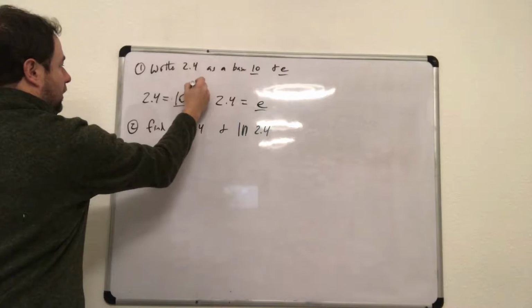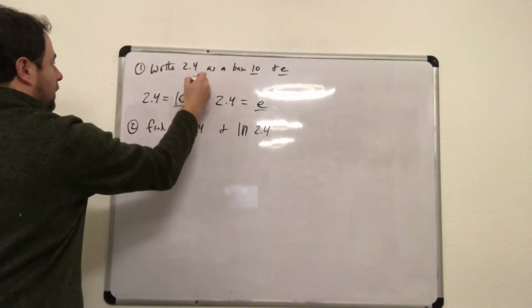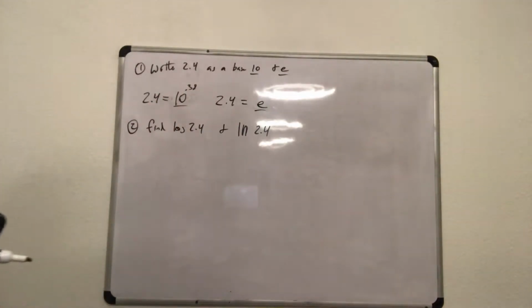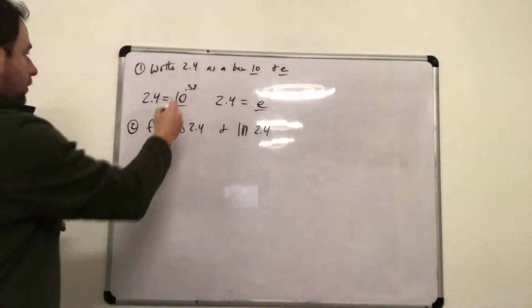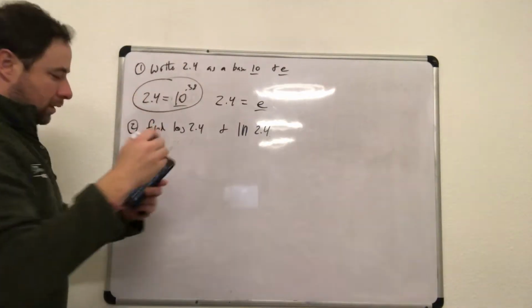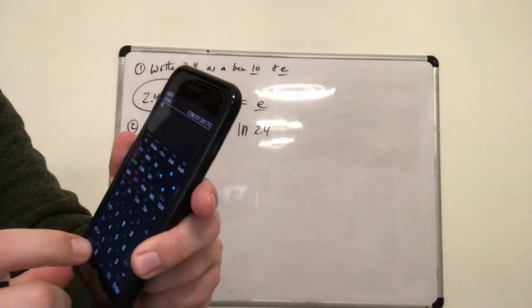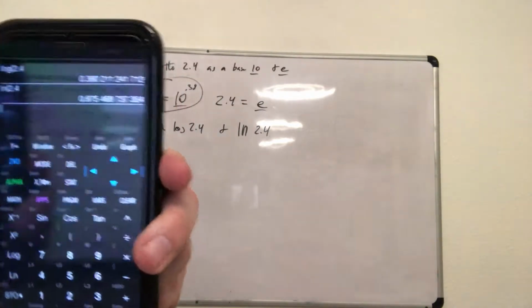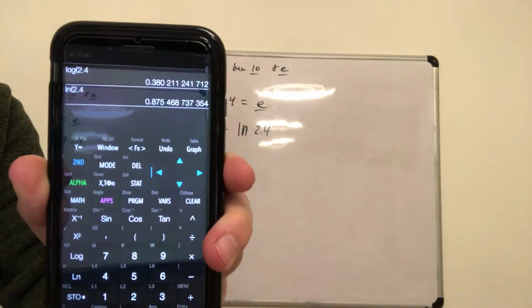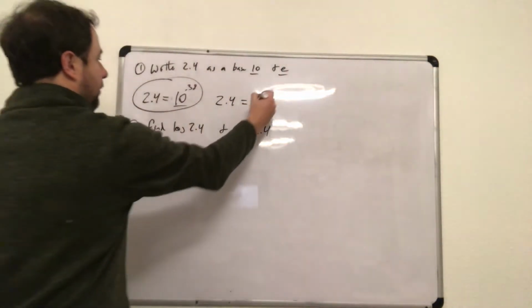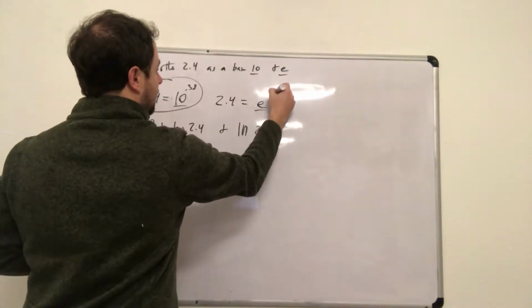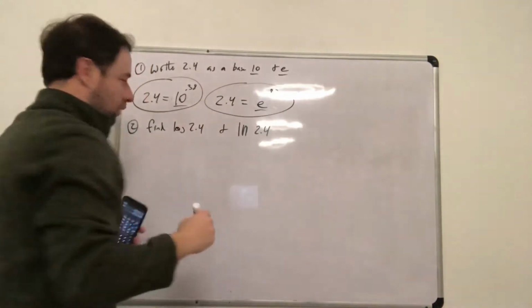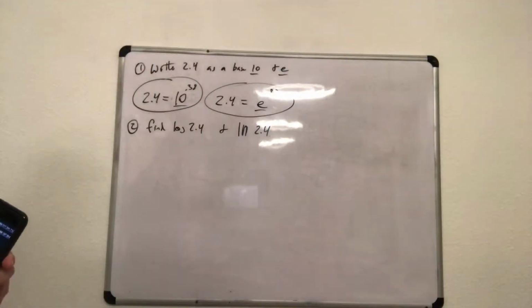So that would be one answer. And the other one, you go to the ln button of 2.4, and you get 0.875 or 0.88. So up here we put 0.88, and that would be your answer to that one.